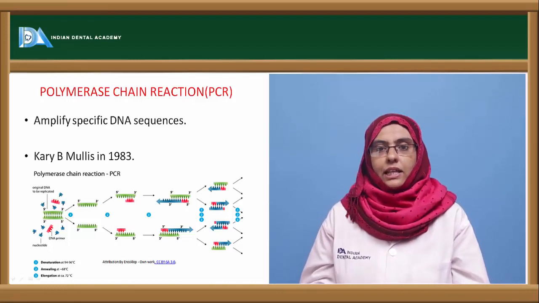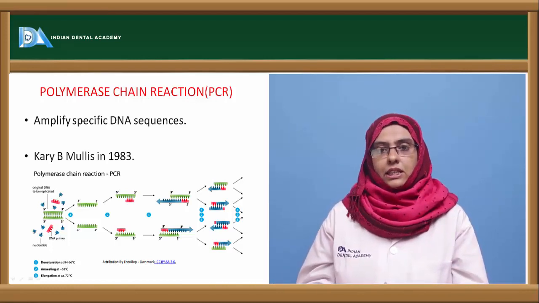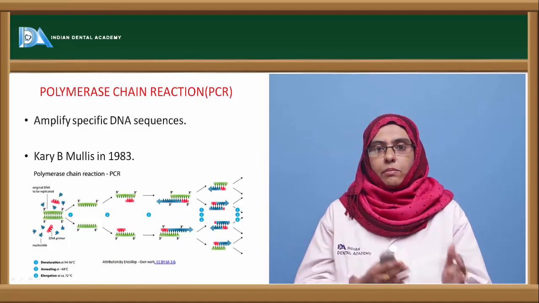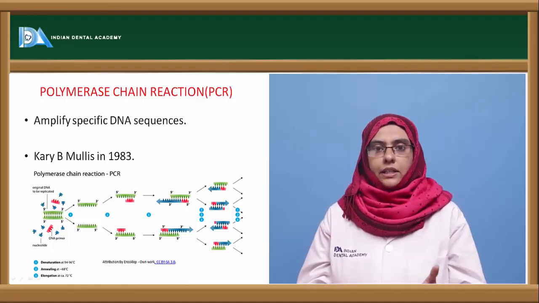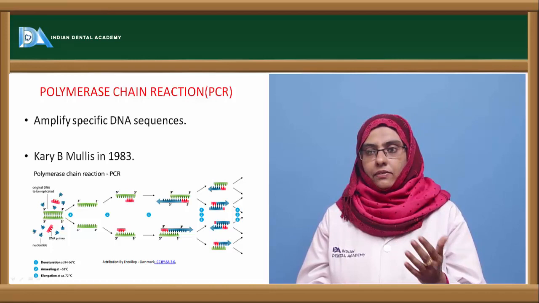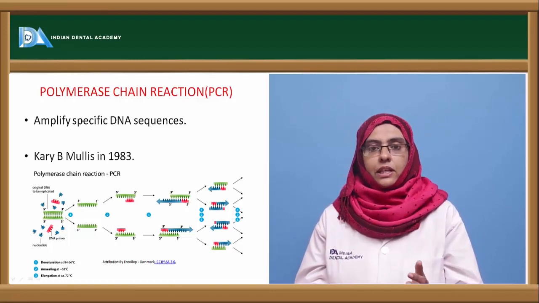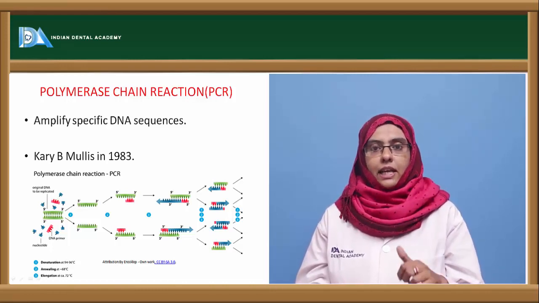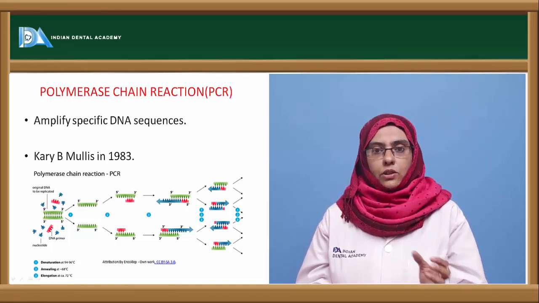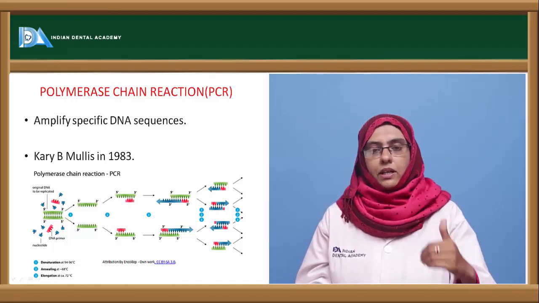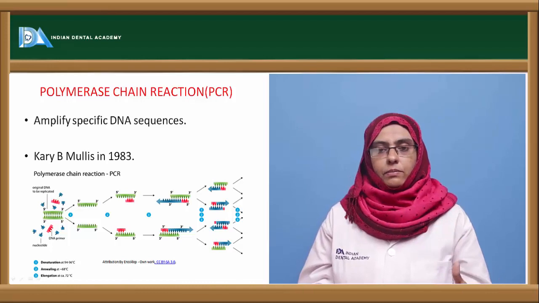Then we have an annealing temperature at around 68 degrees centigrade, where the primer goes and binds to the DNA molecule. Next is the elongation process, where the Taq DNA polymerase elongates the chain to form a complete DNA molecule from the primers.